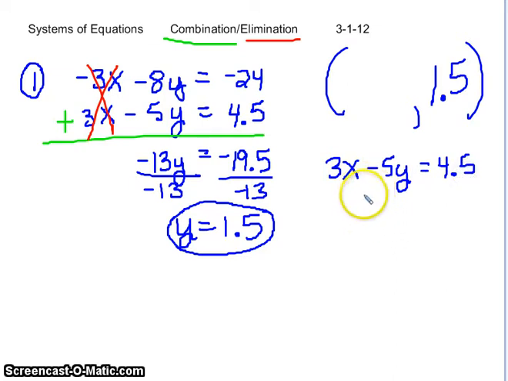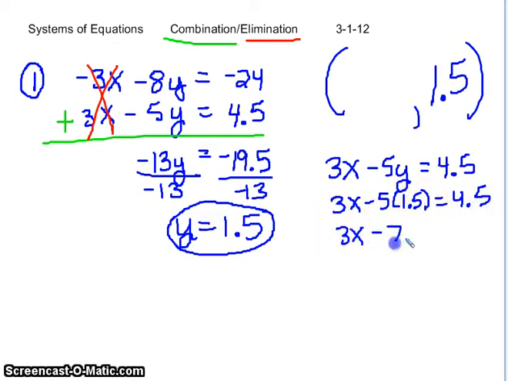And then you have to plug in the 1.5 for your y. 3x minus, and 5 times 1.5 gives me 7.5 equals 4.5.